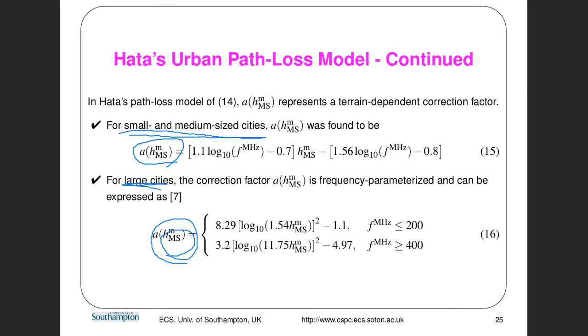So once again, these two equations and all the equations for Hata's urban path loss model, you are not required to remember all of them, but it's really important to understand the rationale, how this model is generated, and why we need a correction factor. The correction factor is there for us to fit the model to different scenarios.